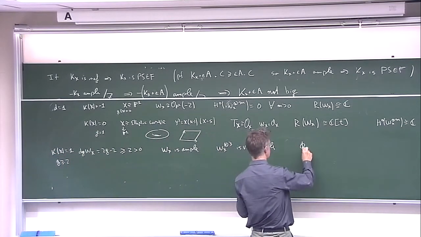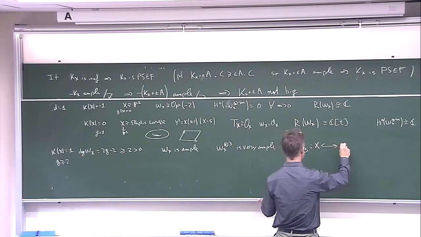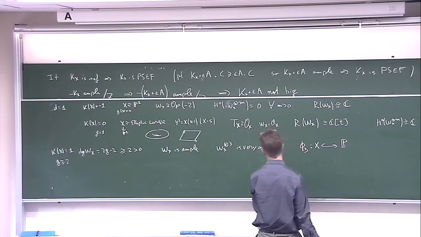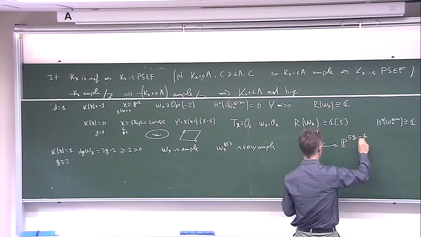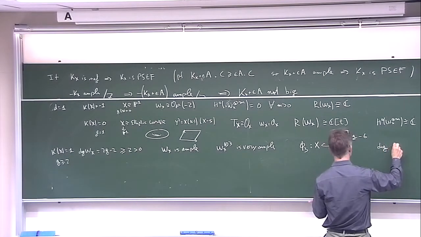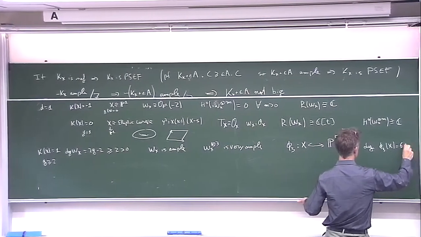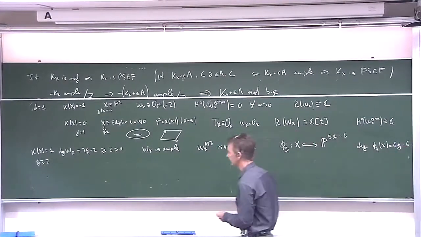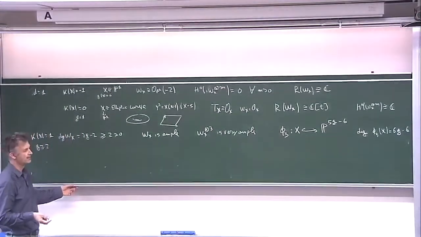So the third pluricanonical map actually gives you an embedding from X into the corresponding projective space. And if I get my Riemann-Roch computation right, this is P^(5g-6). And the degree of the image is going to be 6g minus 6, because the degree of the canonical line bundle is 2g minus 2, and I'm taking the third tensor power.